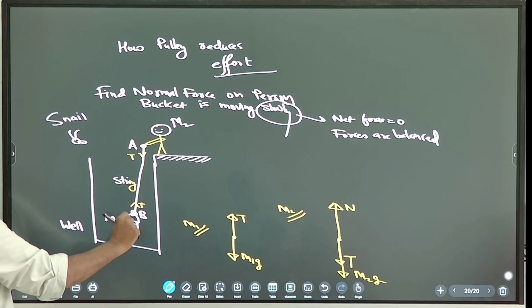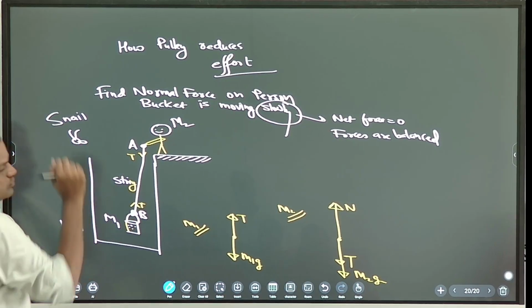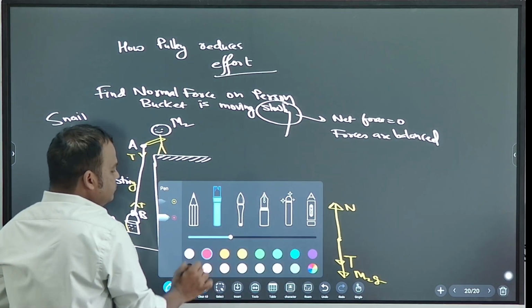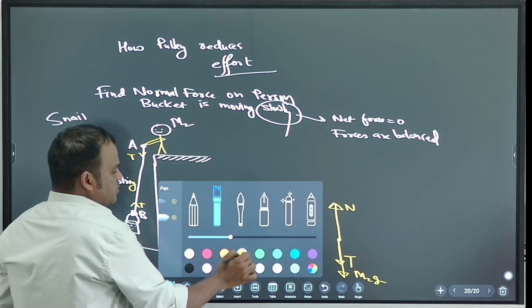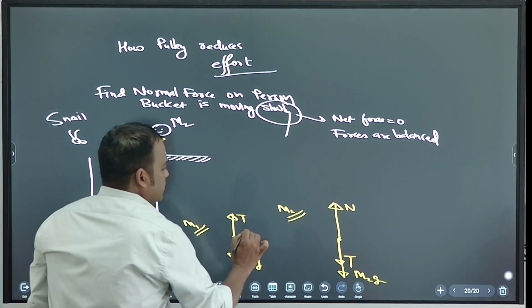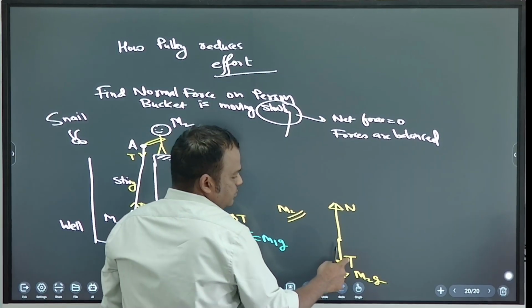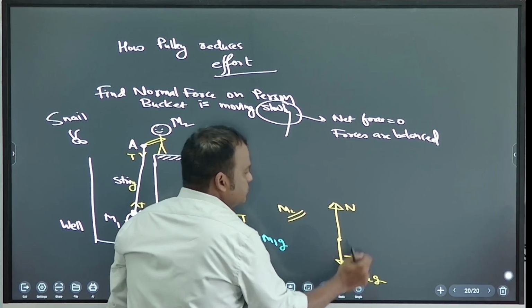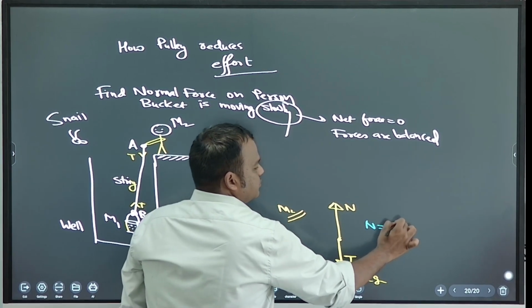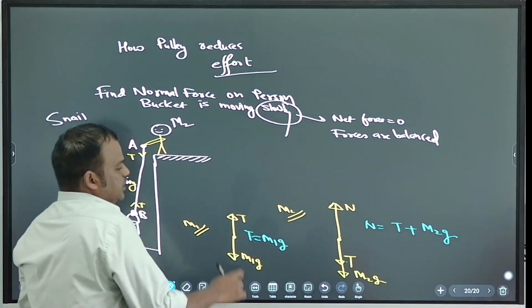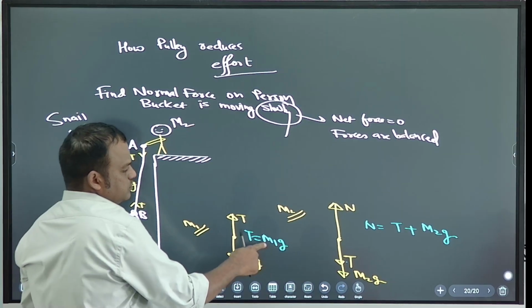Like the bucket is coming slow, it is pulled slow. So they are equal. So T is equal to m1g. Now N is equal to T plus m2g. Very good. Now T is m1g, put it here.